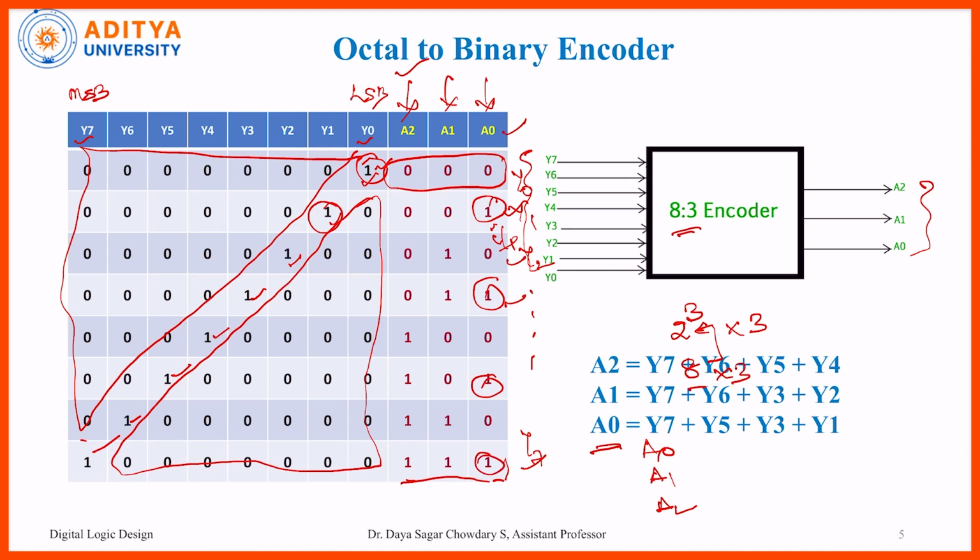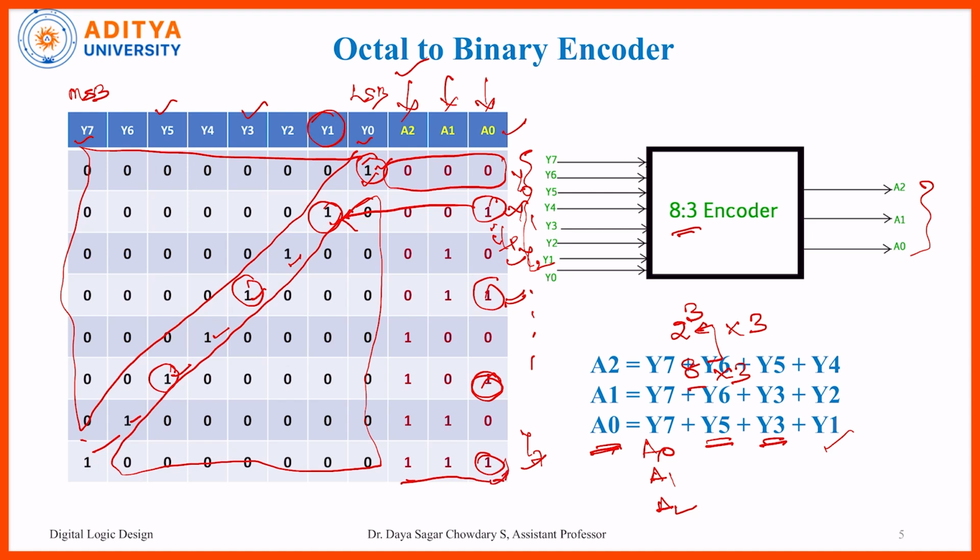These four ones have corresponding inputs. The first corresponding input is Y1, so we place Y1 in A0. Here 1 is there, the corresponding one is Y3. Here 1 is there, the corresponding one is Y5.